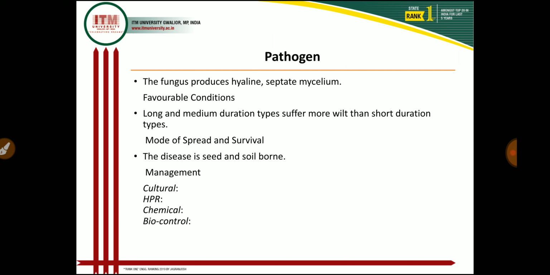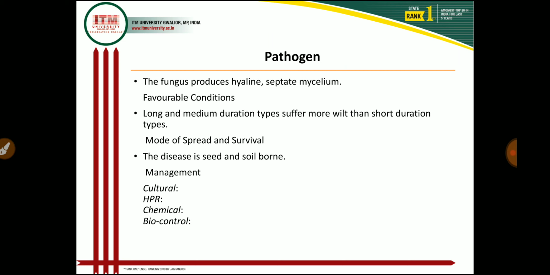We also control the disease by avoiding successive cultivation of red gram in the same field and adopting mixed cropping of sorghum in the field. Then if we do soil solarization in the summer to reduce the inoculum of the pathogen, and if we collect and destroy the diseased stubbles in the field and burn out dead stubbles, then we control the wilt disease in the pigeon pea.